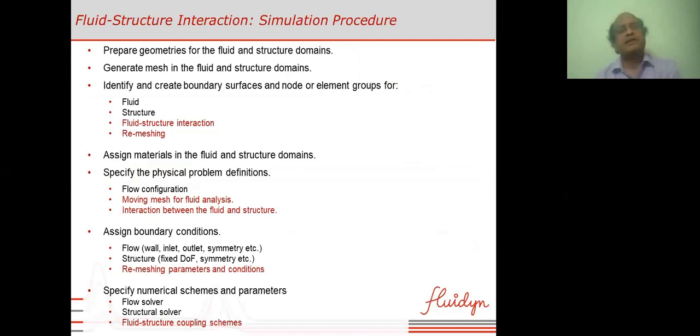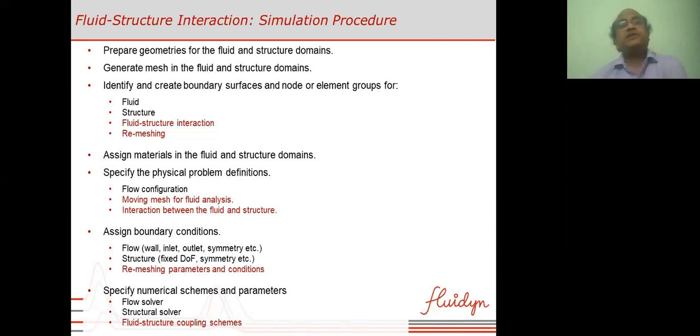Now let us look at the difference the user will find when we solve a fluid flow problem and a fluid structure interaction problem. In a normal fluid flow problem, first we prepare geometries using a CAD software.